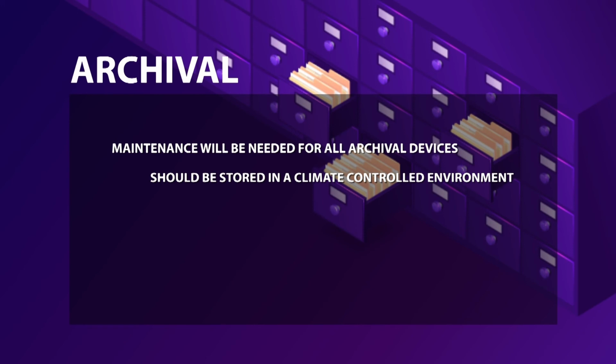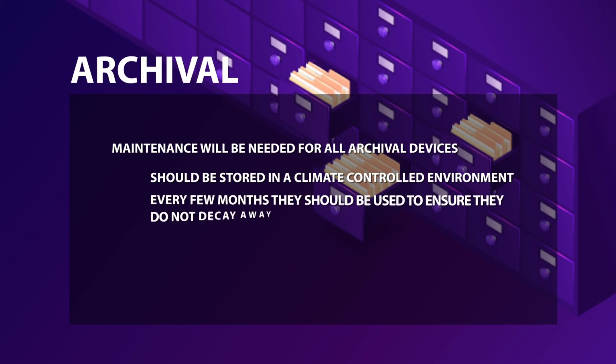Humidity, heat, dust and other ambient conditions can spoil what is available on your storage medium. Every few months, the device should be used so that it just does not decay away.